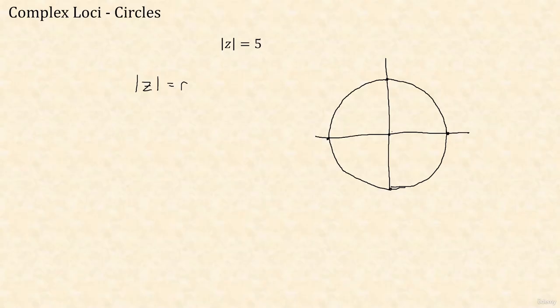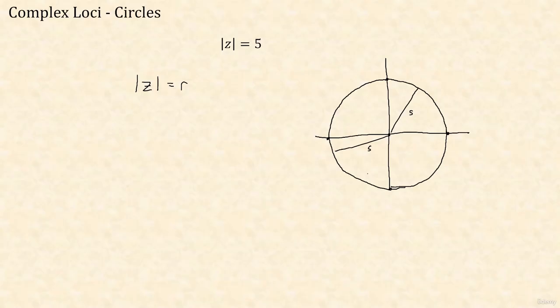And the reason for that is every point in this circle is 5 units from the centre. So this is called a locus problem, plural of locus being loci. So the locus of points that are 5 from the centre is a circle, the locus of all complex numbers with a modulus of 5 is a circle.